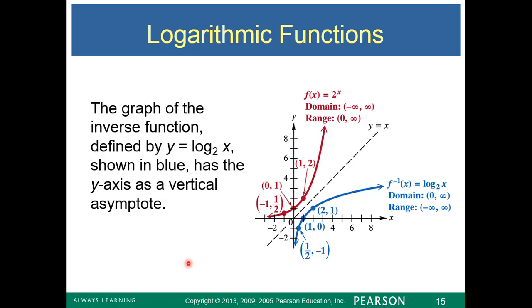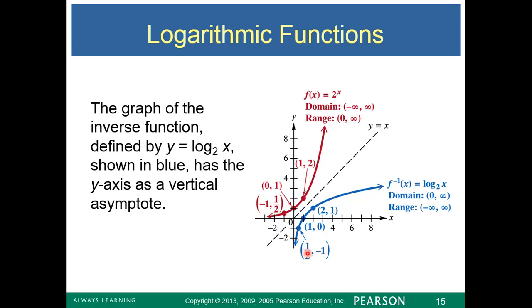Now, since they're inverses of each other, these 3 points that we talked about in exponential form are flipped, right? So when we reflect them across the y equals x line, if this goes through -1, 1 over a, 0, 1, and 1, a, then when we do this, it's going to flip these.